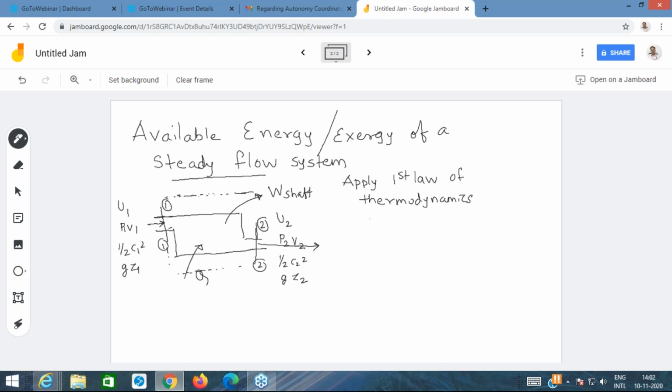If you write the first law of thermodynamics for the system, what you get is the steady flow energy equation.